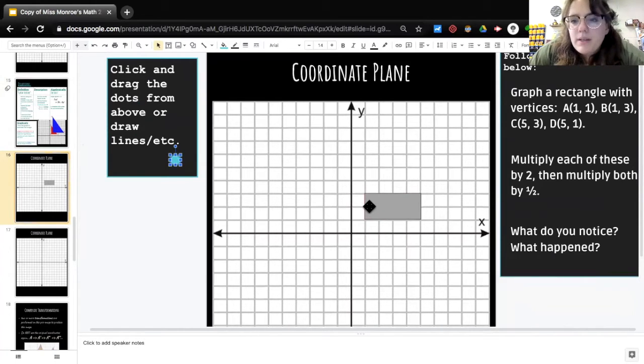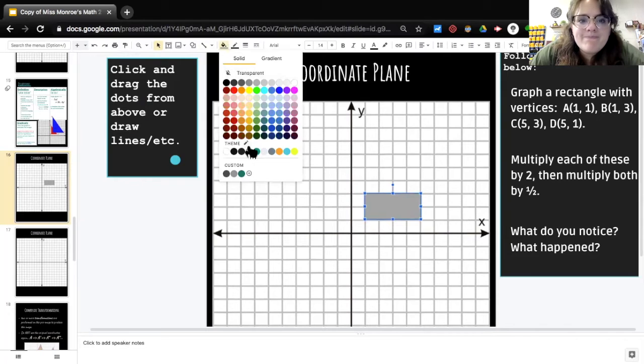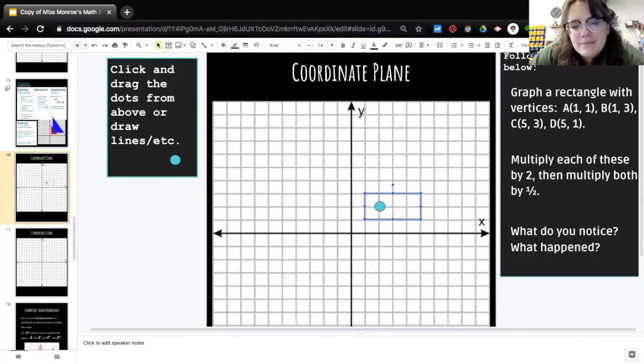All right, so I'm going to put 1, 1, and then I'm multiplying it by 2, so it is now 2, 2, very similar to what it was before. It's going to have to be transparent because you're not going to see the shapes underneath.